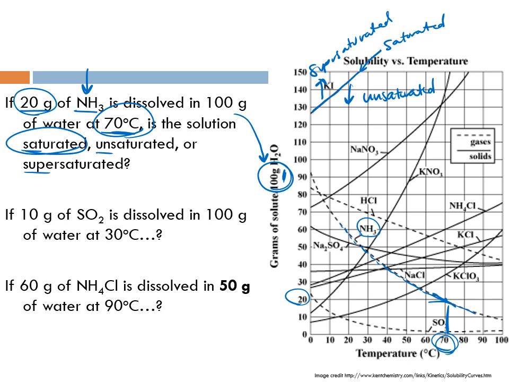I want you to go ahead and determine if 10 grams of SO2 at 30 degrees Celsius is saturated or unsaturated or supersaturated, and then do the same thing for this last one, 60 grams of ammonium chloride. Be careful, in 50 grams of water at 90 degrees Celsius. Is this one also saturated, unsaturated, or supersaturated?